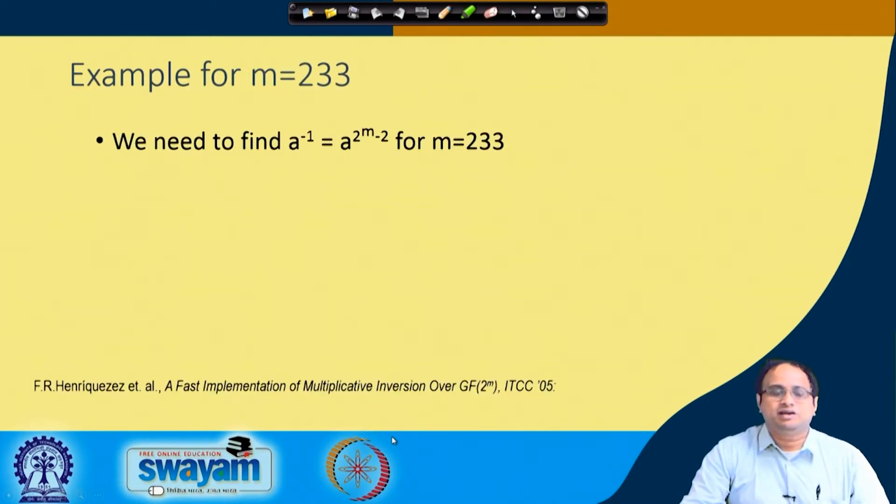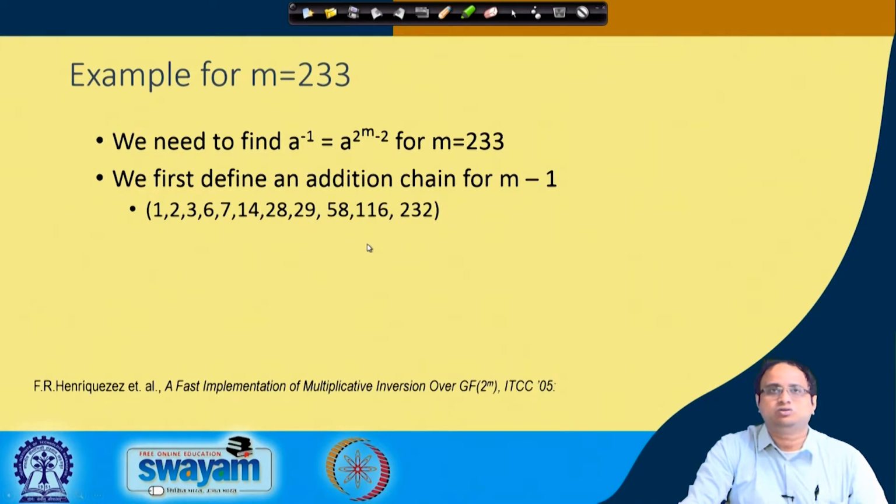Let us take an example. Suppose I want to calculate for m equal to 233. Last day we saw a Karatsuba representation for 233, so we will take that same multiplier and apply it here. I want to compute a to the power of minus 1, which is equal to a to the power of 2 to the power of m minus 2, where m equals 233. So, what do I need? I need an addition chain for 232, which is m minus 1.